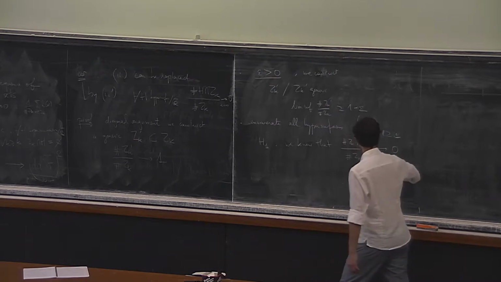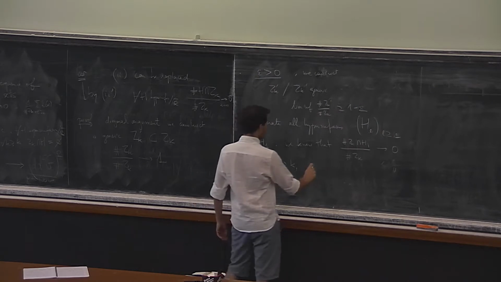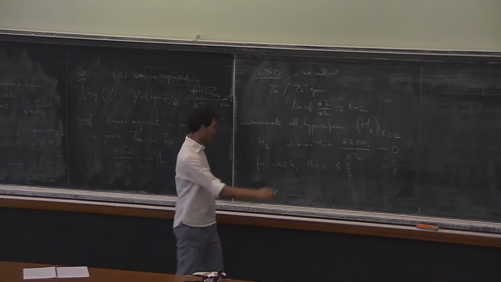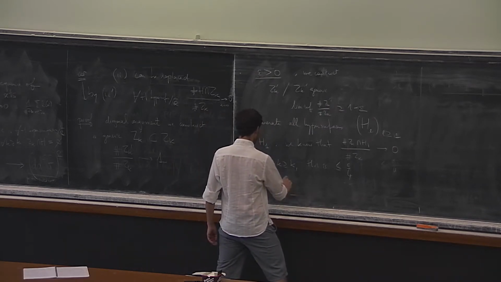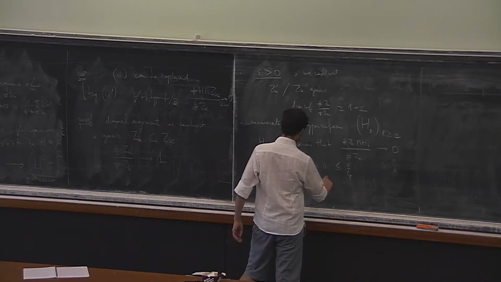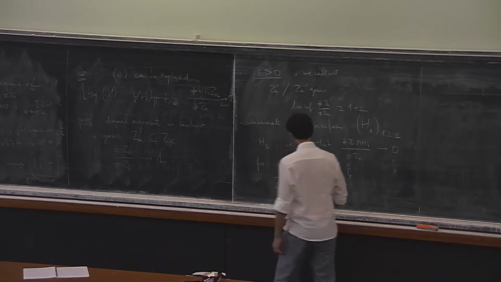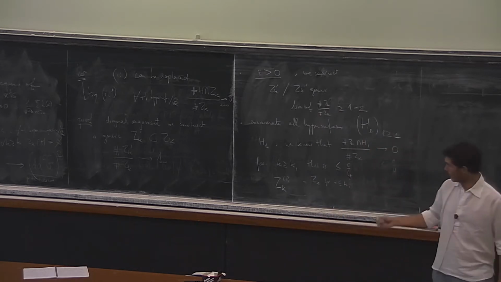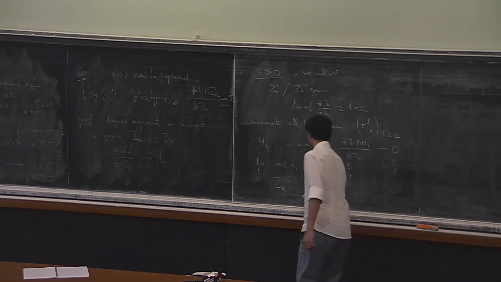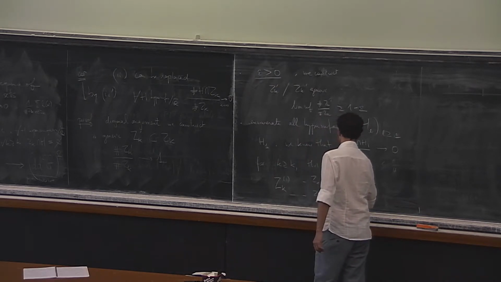So for k larger than k_1, this is smaller than epsilon over 4. You construct a new sequence Zk^1, which is Zk for k smaller than k_1, and which consists of the points of Zk which do not belong to H_1 when k is larger. So this is Zk minus H_1 for k larger than k_1.